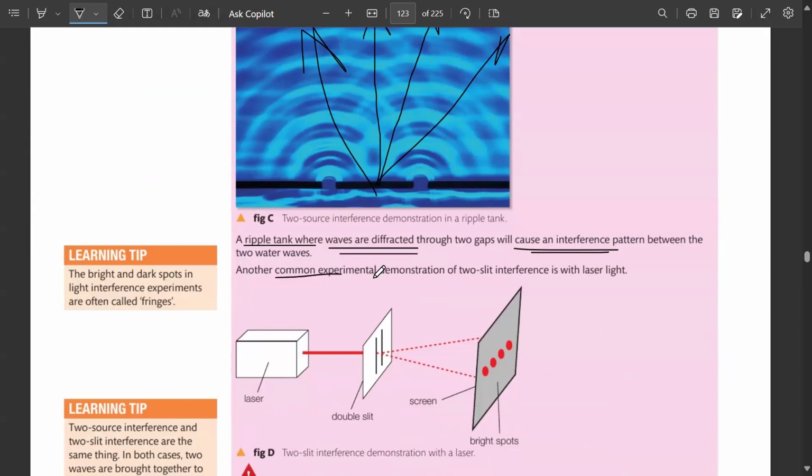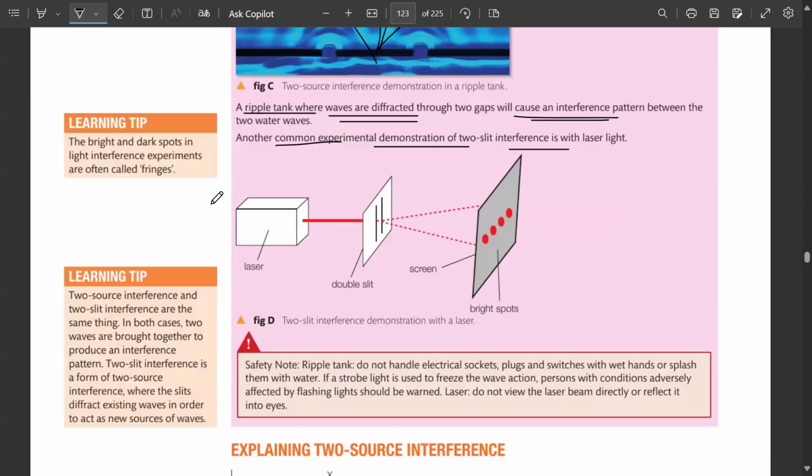Another common experimental demonstration of two-slit interference is with laser light as well. Now, if you want to ensure that the wave source is coherent, you can also produce a double slit interference by using a single source but two slits, so that the single source can divide into two, and when they pass through the gap, they are now interfering as well, and now they are producing a bright spot, a dark spot, a bright spot, a dark spot, bright spot, dark spot, and another bright spot.